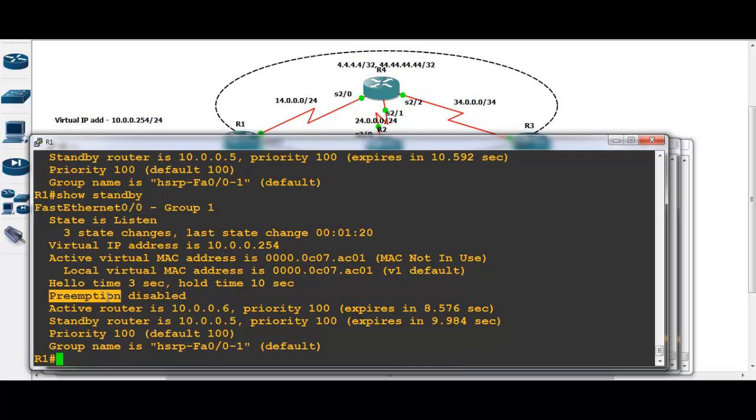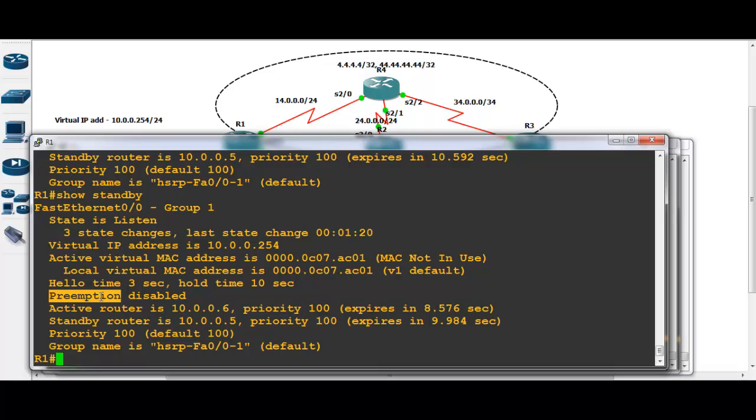Now what I'm going to do is increase the priority. All other routers have 100. For this I'm going to give a priority of 150, which is not the default. Default is 100. Even after changing the priority, it won't come up. R1 will not become active unless I enable preemption.